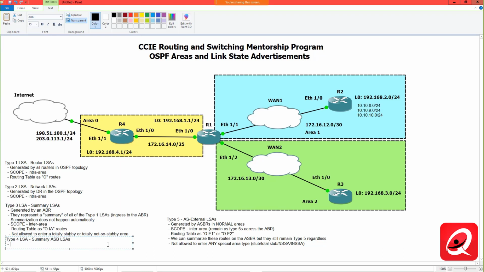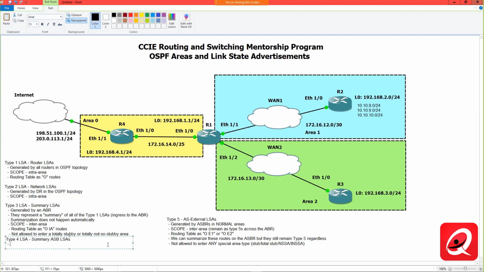We know that the Type 1 LSAs generated by an ASBR are going to have the E bit set, and other bits set to indicate that this is an autonomous system boundary router. Router 1 is receiving the information and then making a decision based on that.